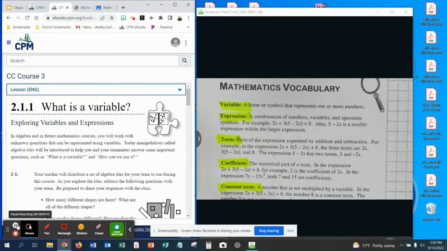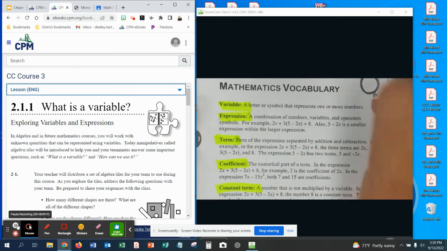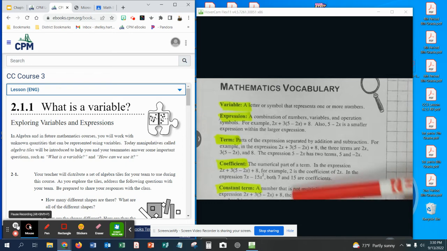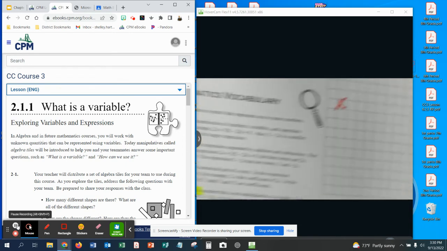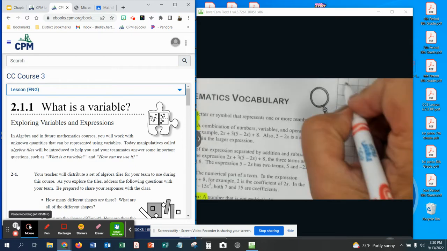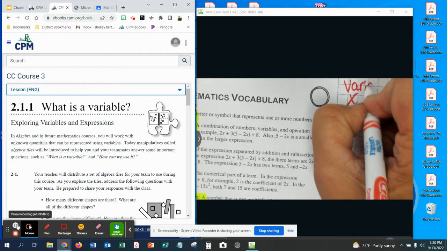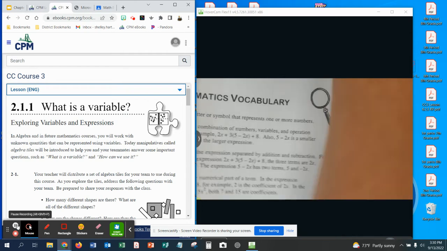So, through the lesson today, we are talking about a variable. And a variable in this moment is the x, right? The x is a variable.